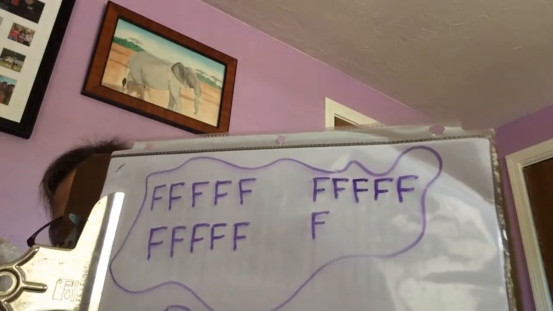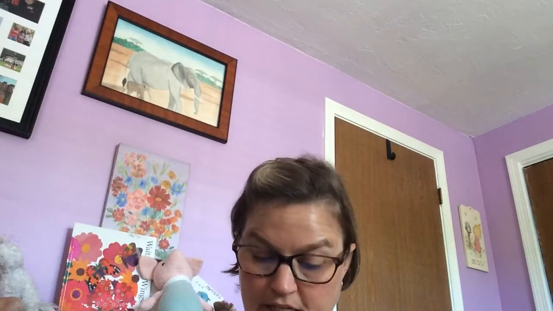Excellent job. All right, so now in your number bond, I want you to show me what 16 would look like using this picture. So we have 10 in one group, 6 in the other, makes 16.